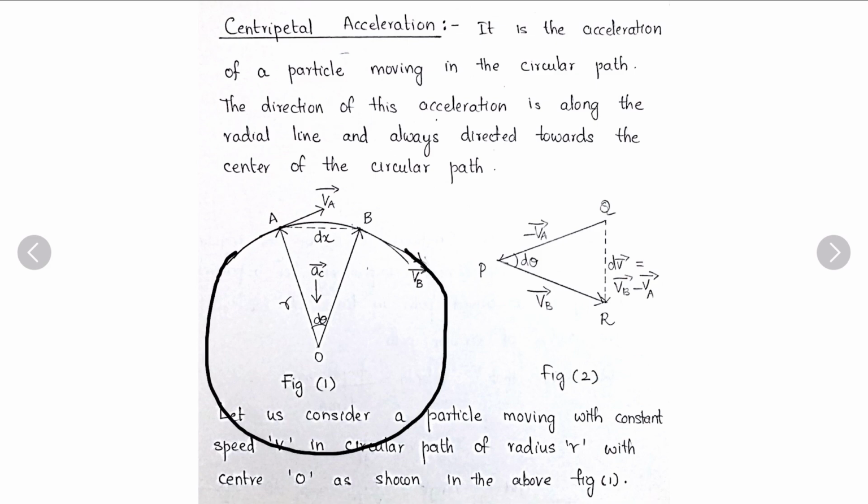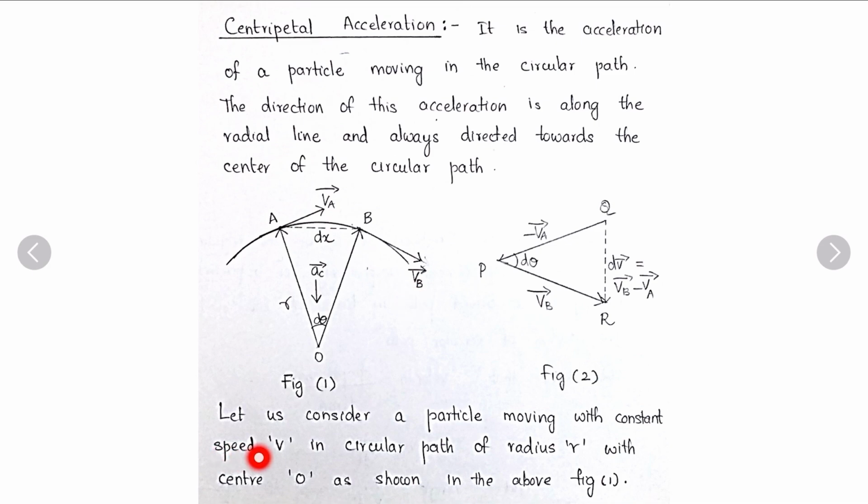But we have taken only a part of the circle whose radius is R and whose center is O. Now the object is moving from A to B, it makes an angular displacement d theta. AC is the centripetal acceleration. Here it's working towards the center. Dx is the linear displacement. And at A it has a velocity VA bar, and at B it has a velocity VB bar.